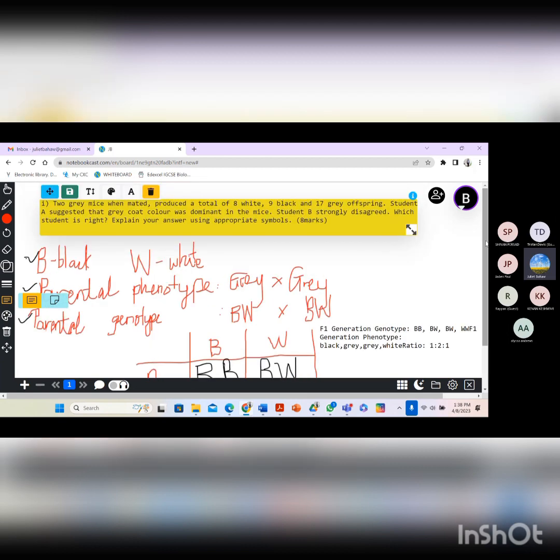All right, so in this explanation, when you're putting all these lines, you must have a sentence. Which student is right? Explain your answer using appropriate symbols. Student A suggested that gray coat color was dominant in the mice. Student B strongly disagreed. Which student is right?